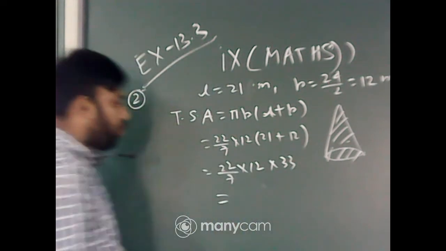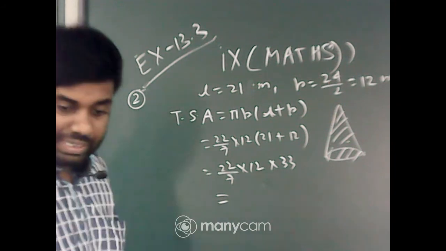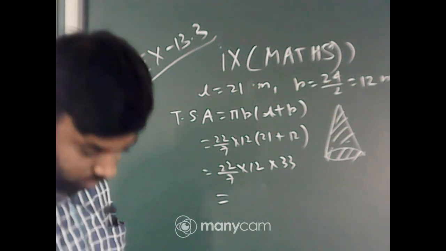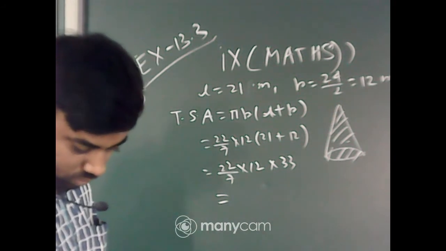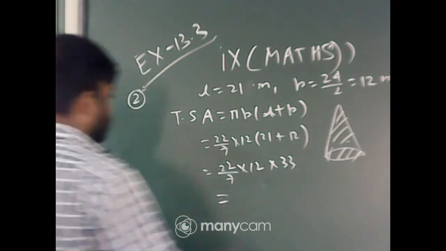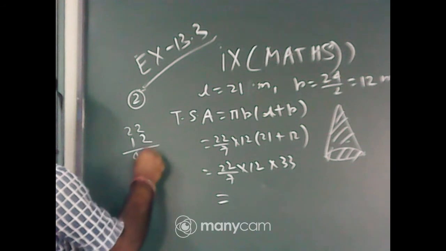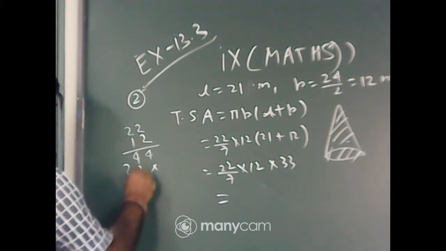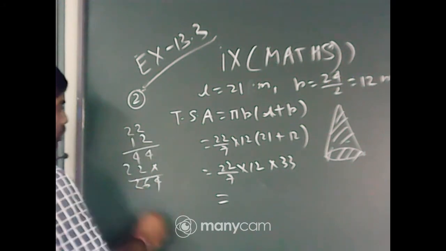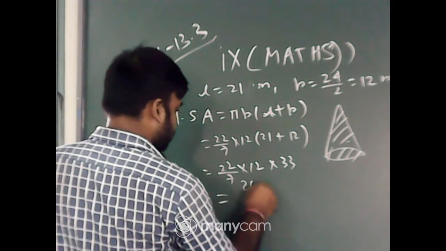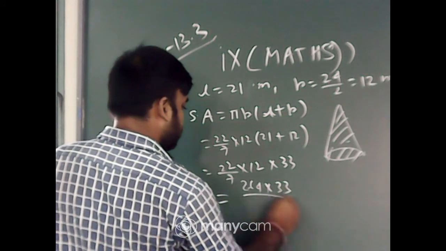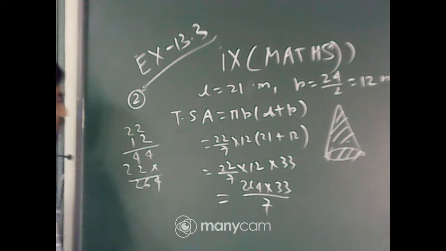Now we have to multiply it. That will be 22 into 12, 264 into 33 by 7.